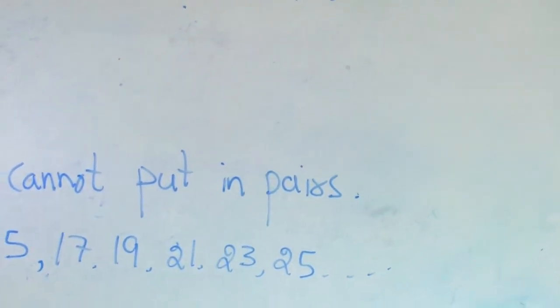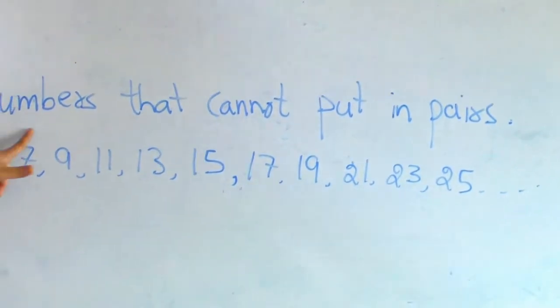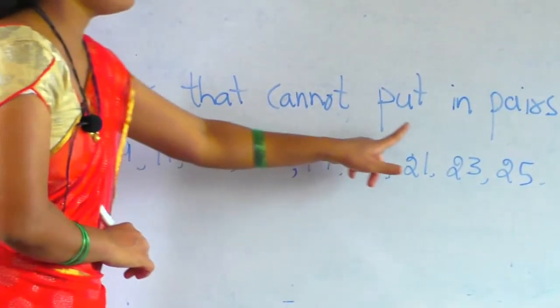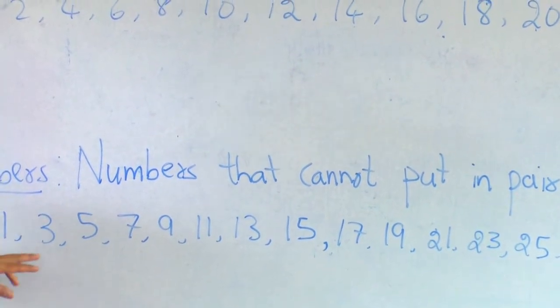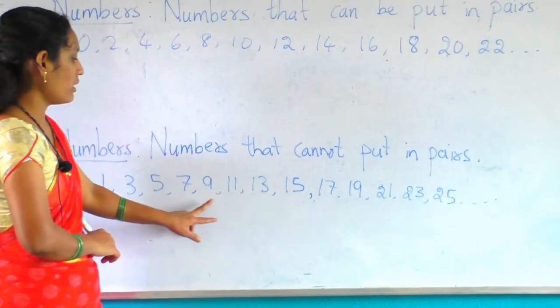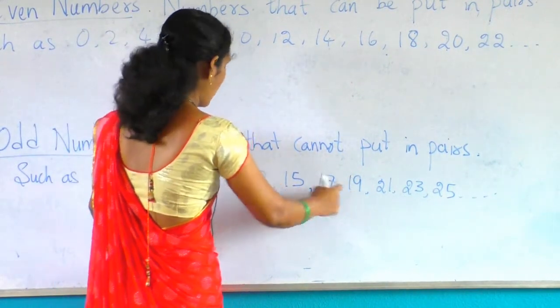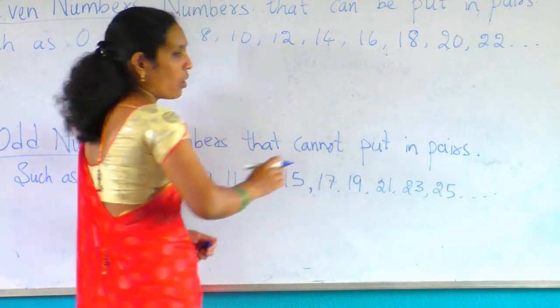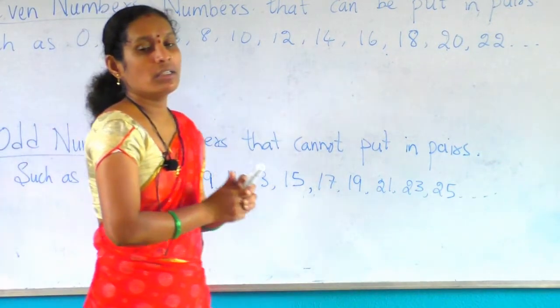These are the odd numbers. See now clearly, odd numbers means numbers that cannot be put in pairs, such as 1, 3, 5, 7, 9, 11, 13, 15, 17, 19, and so on. These are the odd numbers.